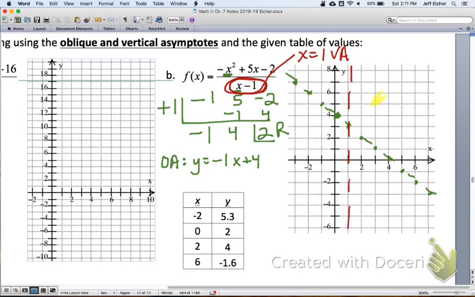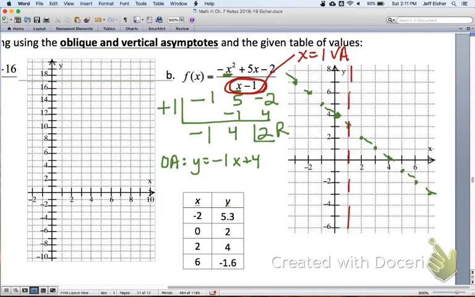And again, we have 4 regions. We have one here, one here, one here, and one in here. So the table of values on the bottom left gives you an idea of where our function is. So graphing the points in the table, we have -2, 5.3.